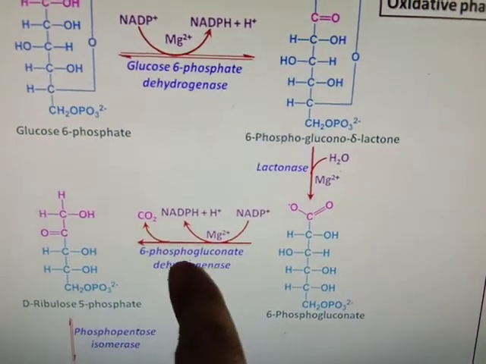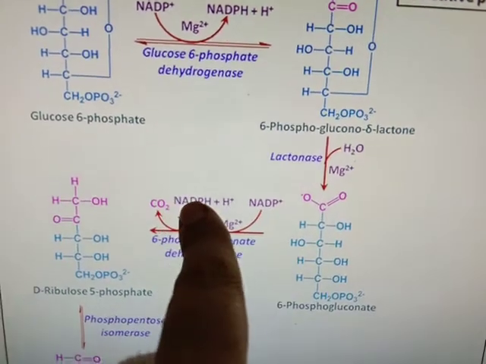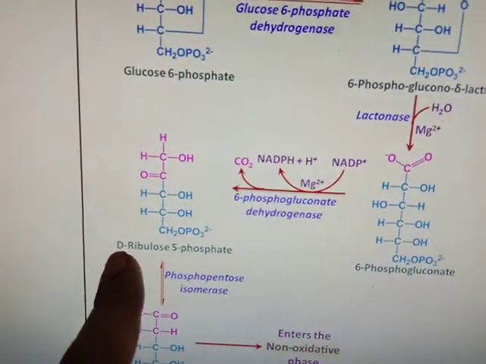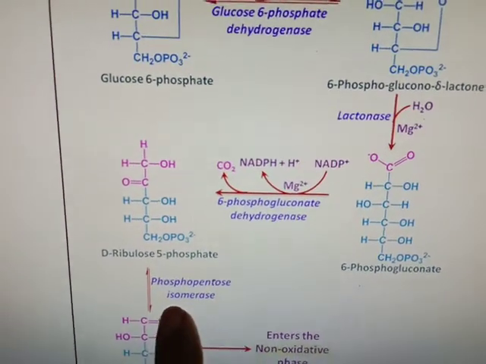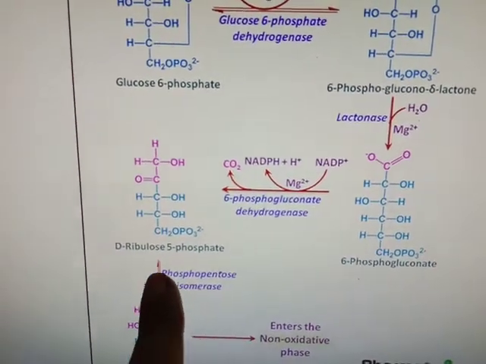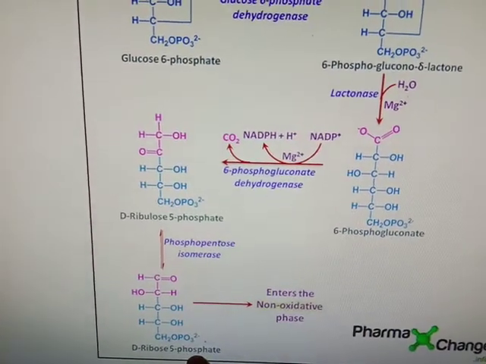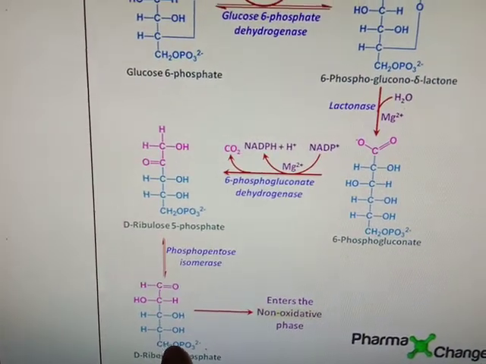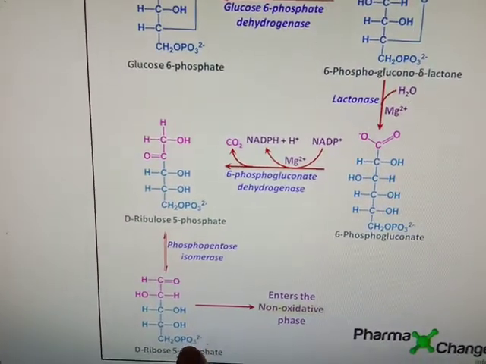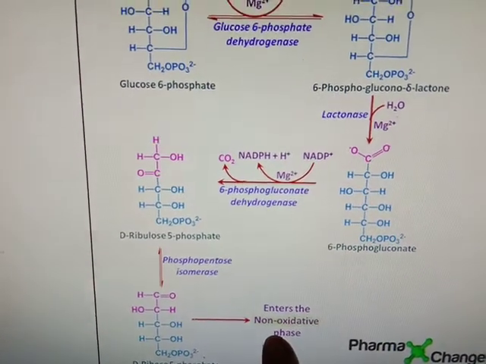Then 6-phosphogluconate dehydrogenase, which uses NADP, forms NADPH and synthesizes D-ribulose 5-phosphate. Then the isomerase enzyme converts this ribulose 5-phosphate to ribose 5-phosphate. Here the oxidative phase stops, but in some tissues ribose 5-phosphate enters into the non-oxidative phase.